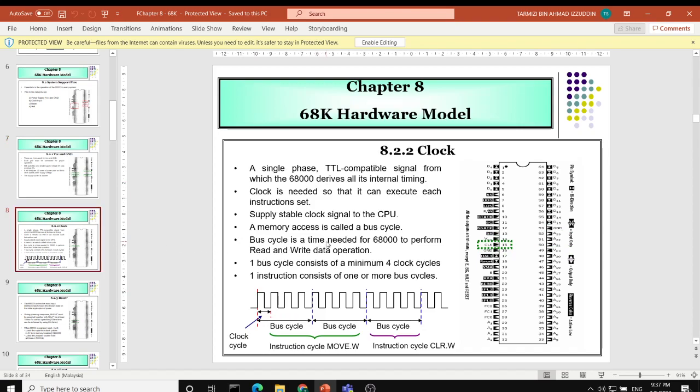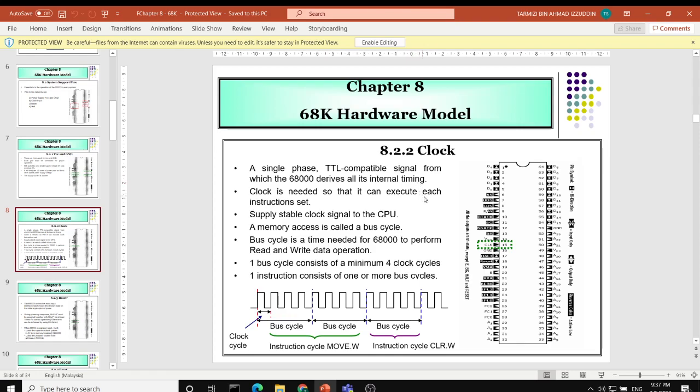Next, we're going to look at the clock. The clock is denoted by pin number 15, a unidirectional input only. It is a single phase TTL compatible, transistor-transistor logic compatible signal from which the 68K derives all its internal timing.